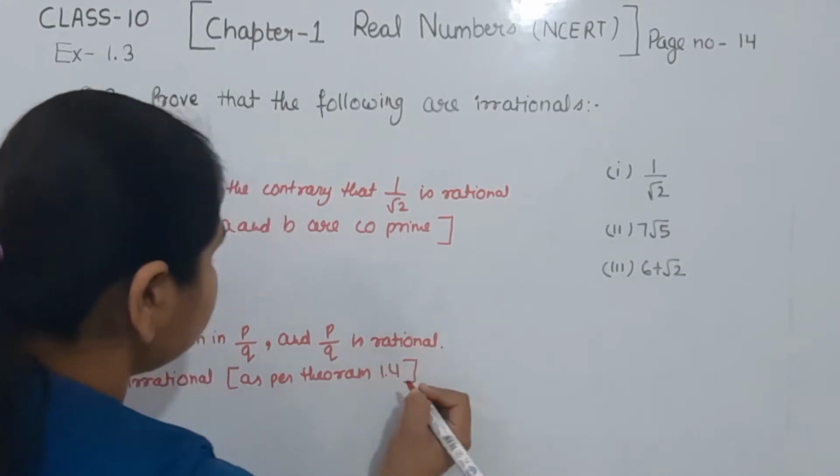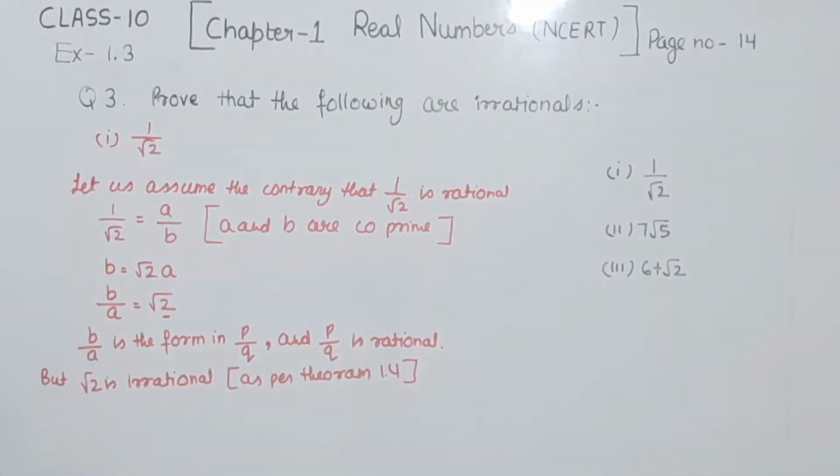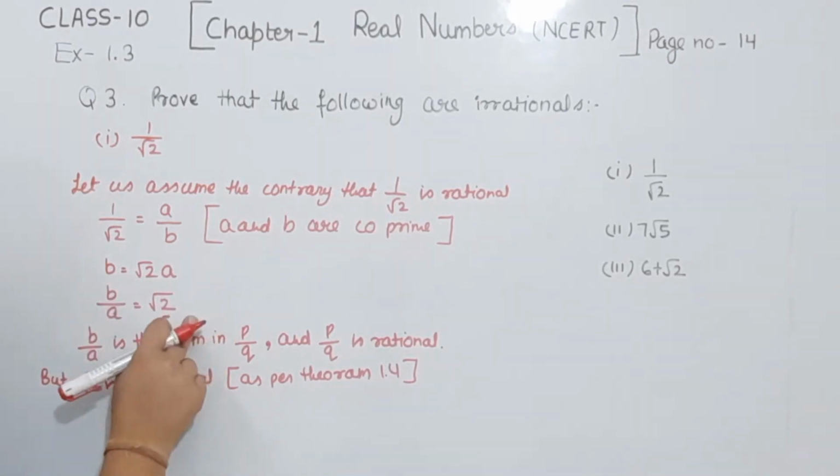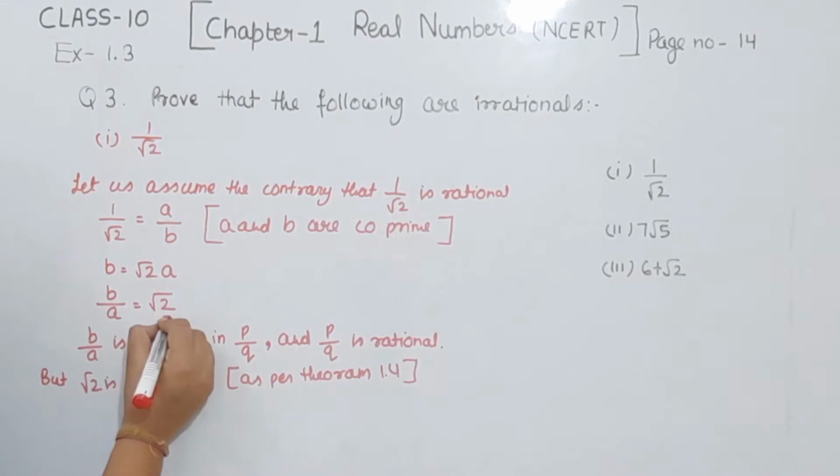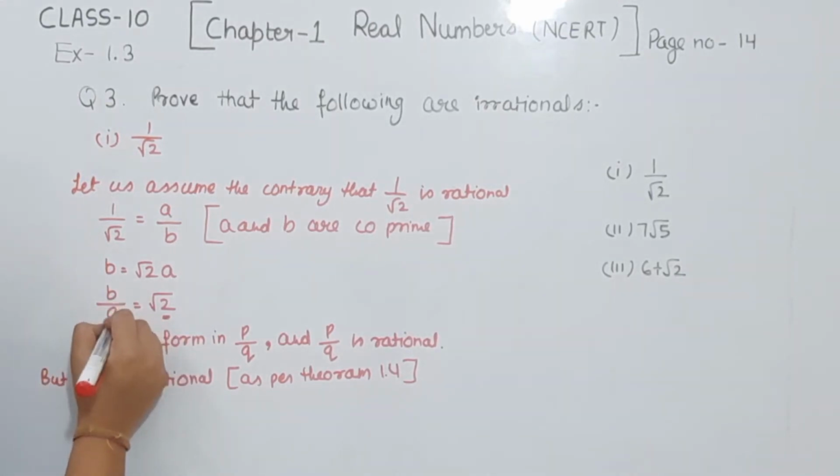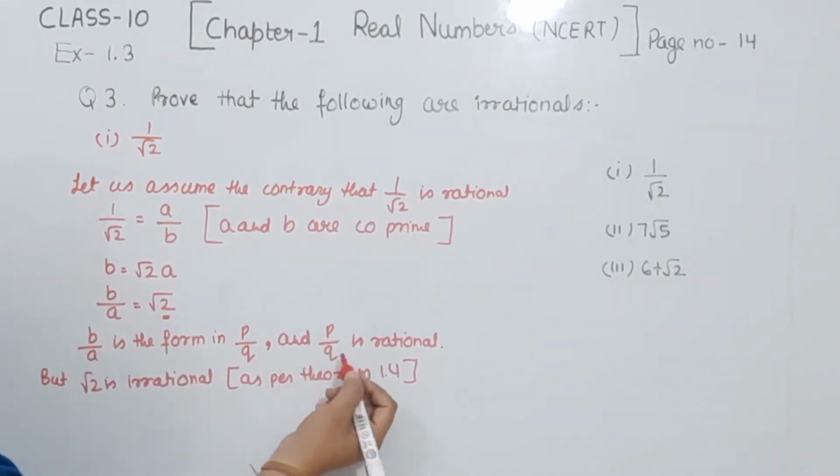It cannot be possible that an irrational number is equal to a rational number. Root 2 is irrational, and b by a is in the form of p by q, which is rational, so this is not possible.